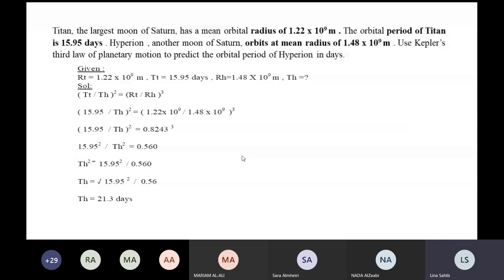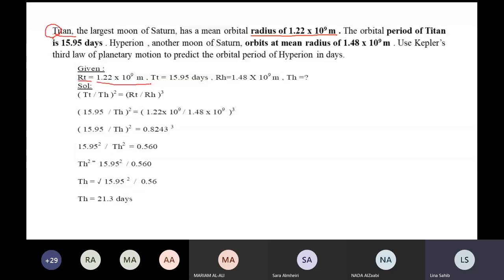As you see here, there are new or strange names for you. Titan is the first name, and I will take the first letter to use for T and R. The largest moon of Saturn has a mean orbital radius. So what the question gave me, as you see from the given, is R for Titan, the first letter T, equal to 1.22 times 10 to the power 9 meters.